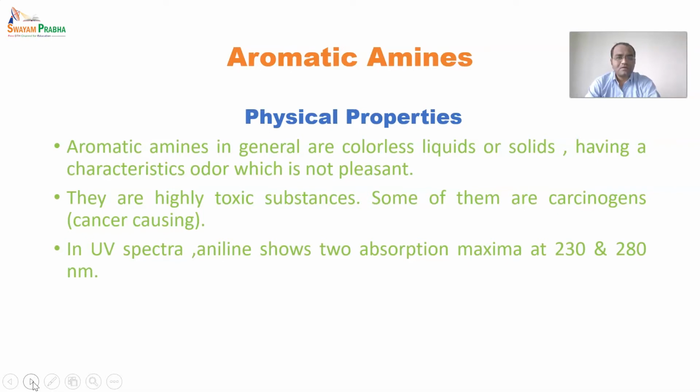One is n to sigma star, due to the amine, and the other is pi to pi star transition, due to the aromatic ring, meaning the double bonds in the aromatic ring. Both these transitions lead to absorption in the UV region.